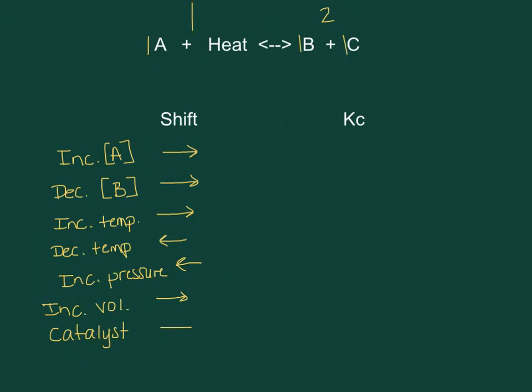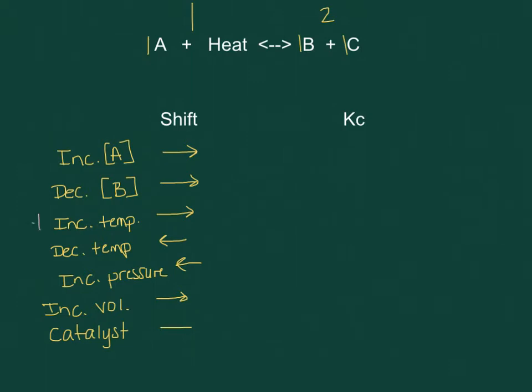So the other thing I can predict using these different stresses on a system at equilibrium in a closed container is how my Kc or my Keq, my equilibrium constant, is going to be affected, whether it's going to increase, decrease, or stay the same. However, the only thing that's going to affect my equilibrium constant is going to be temperature.